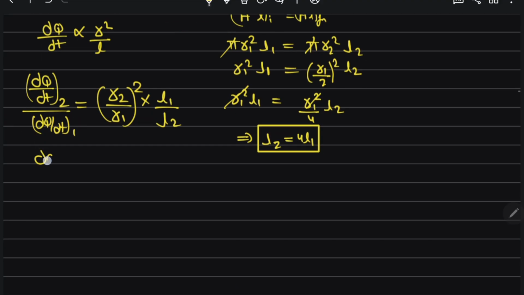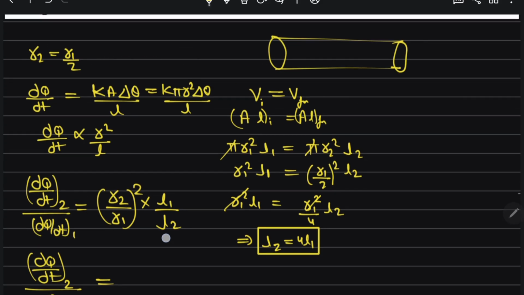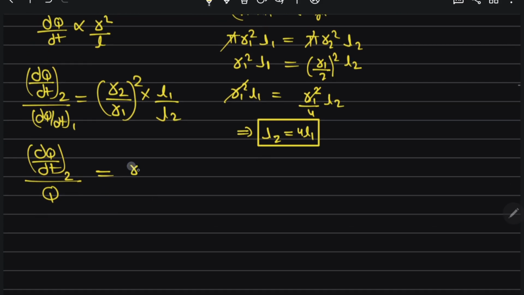For the first they have given you Q, the radius becomes half, so r1 by 2 divided by r1 whole square, and the length becomes 4 times initial.